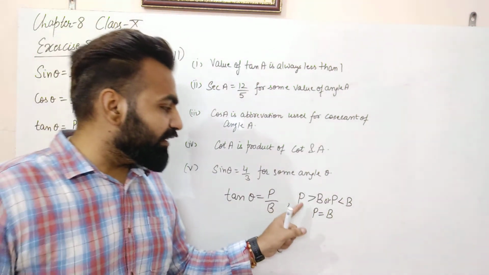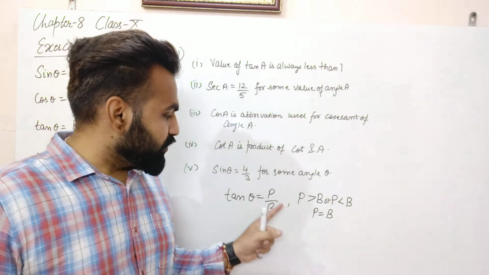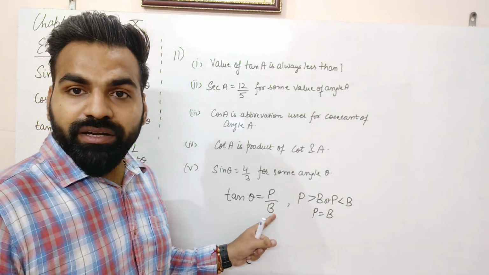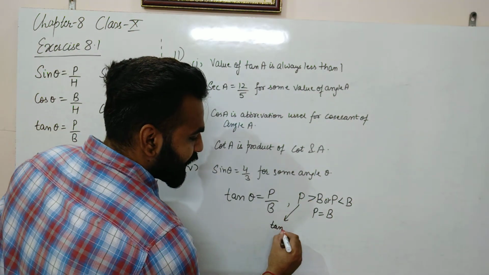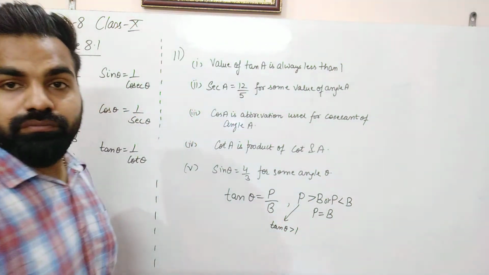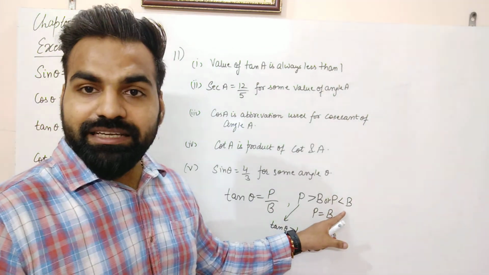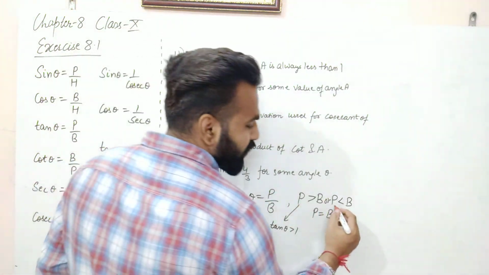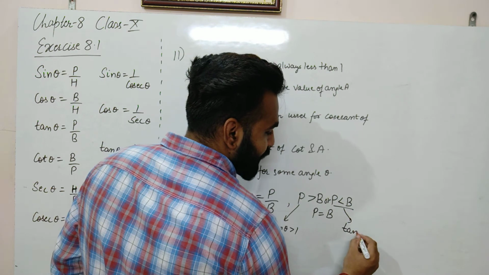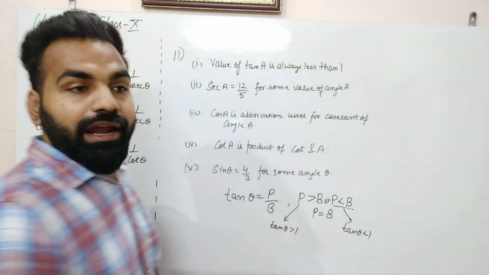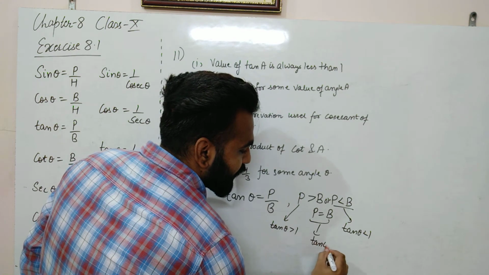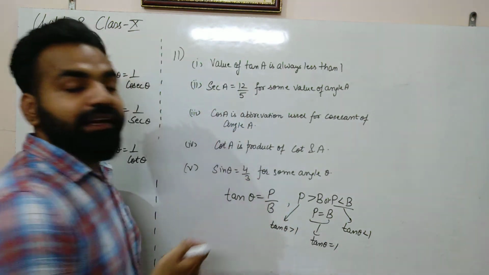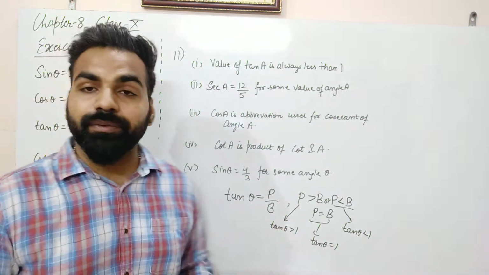So if P is greater than B, the numerator will be greater than the denominator. So for this first case, tan theta will be greater than 1. If P is less than B, the numerator will be smaller, so tan theta will be less than 1. And if P is equal to B, then tan theta will be equal to 1, because if P and B are equal, this will cancel out and the answer will be 1.